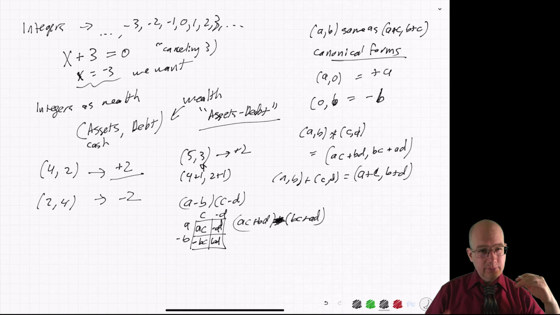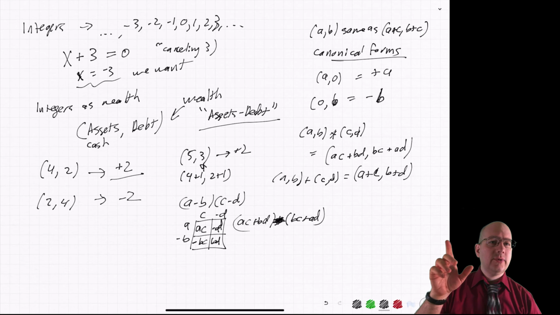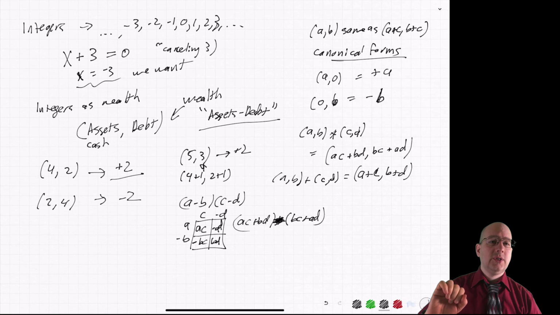But the idea of why is a positive times a negative negative? Well, you can think of the positive one as saying we're going to do this thing. Let's say you're doing 3 times minus 5. We're going to subtract 5 three times. So minus 5 minus 5 minus 5, that's minus 15. It's negative.